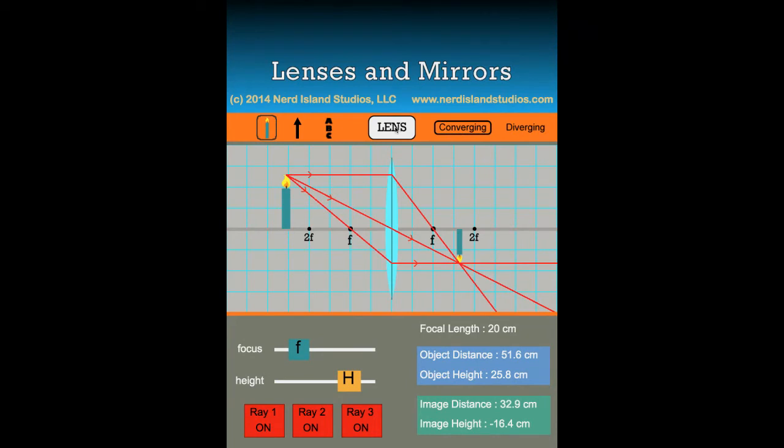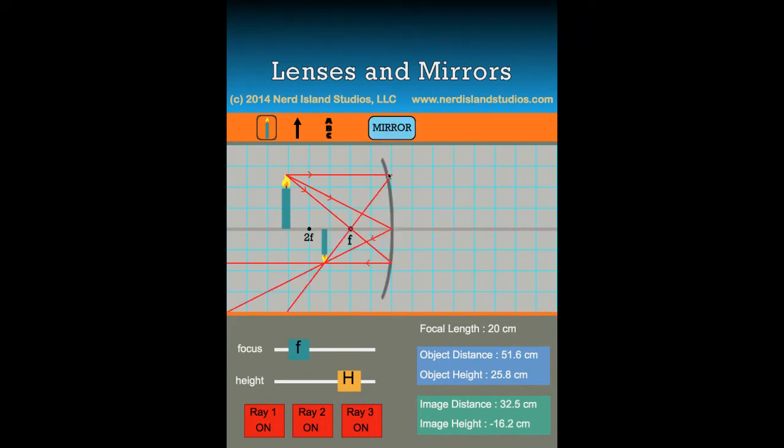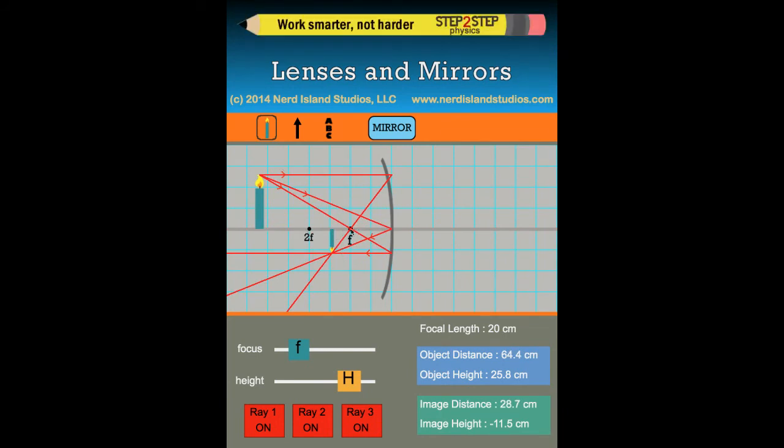Now let's look at a mirror. This is a concave mirror, okay? And it's converging, and you'll see the same relationships. If I'm beyond 2f, I get a small and inverted image between f and 2f. When I'm right at 2f, okay, the image is at 2f, and it's the same size.